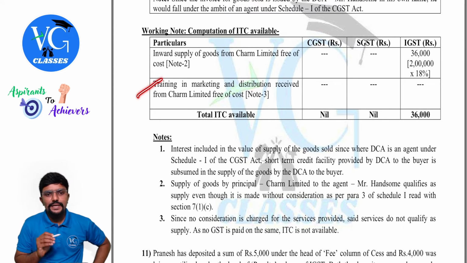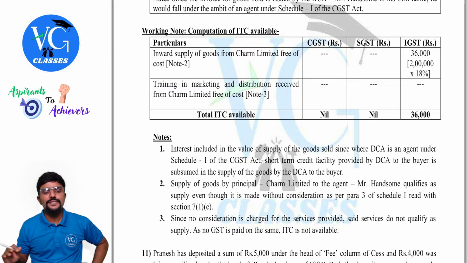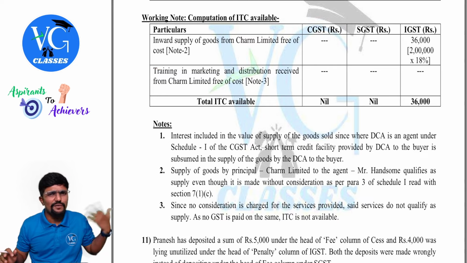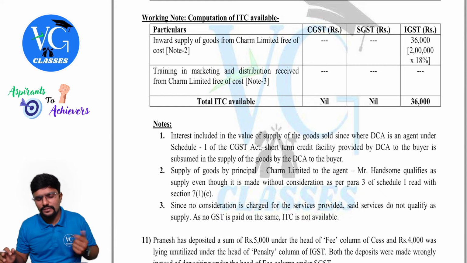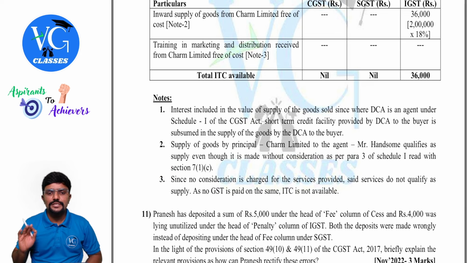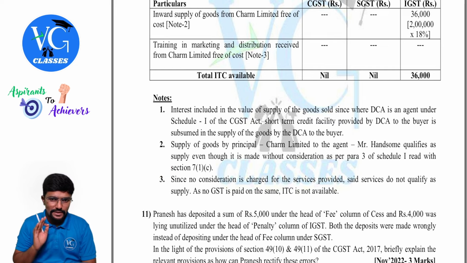Next, training in marketing and distribution received from Charm Limited free of cost is not liable for GST, hence no credit. He would not have paid it on his inward supply, so no credit. Third note, since no consideration is charged for the services provided, the said services do not qualify as supply. As no GST is paid on the same, ITC is not available, guys.